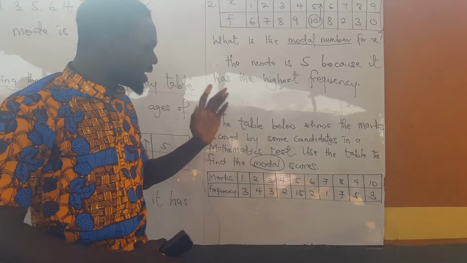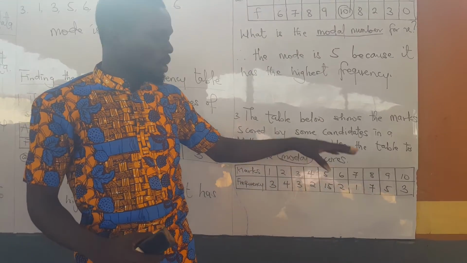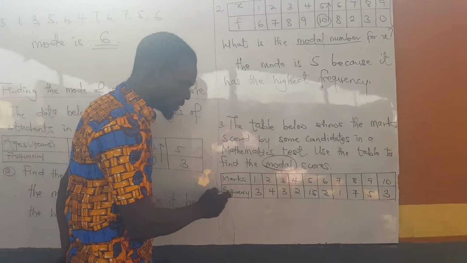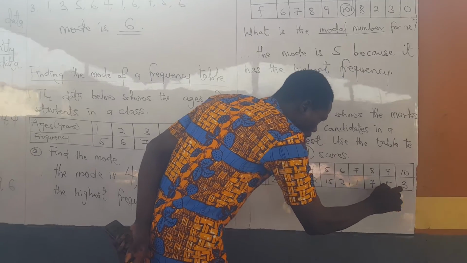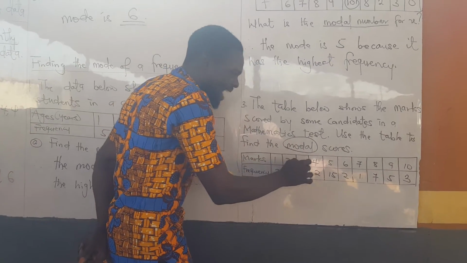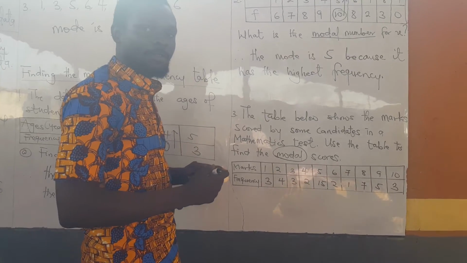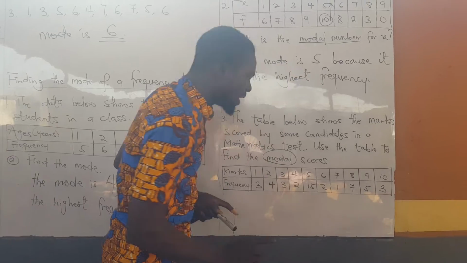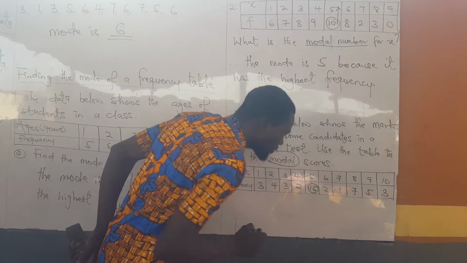If you are finding the modal score from a frequency distribution table, we have been told that you have to concentrate on the frequency. So when you look at the frequency values, which of the values here is the highest among all the frequency values? The highest among all is 15.